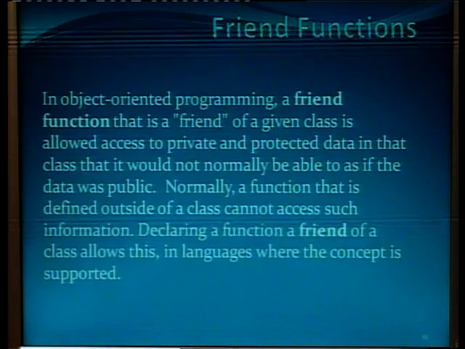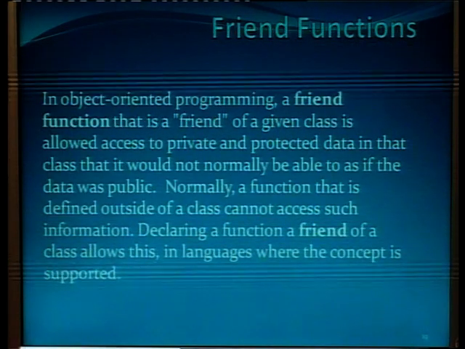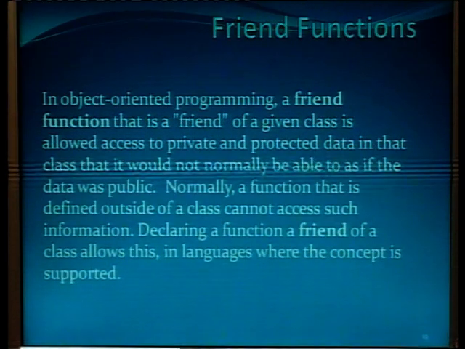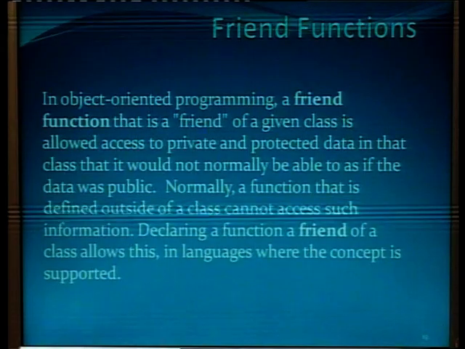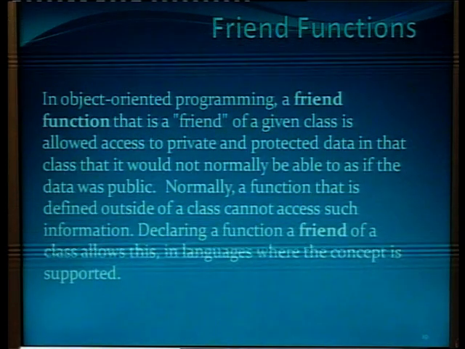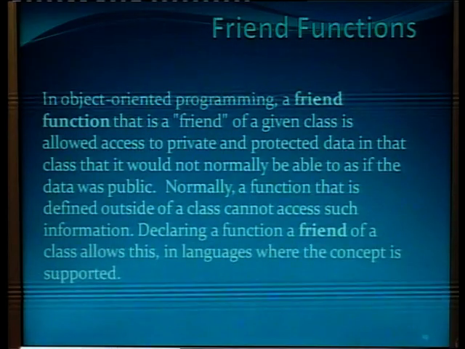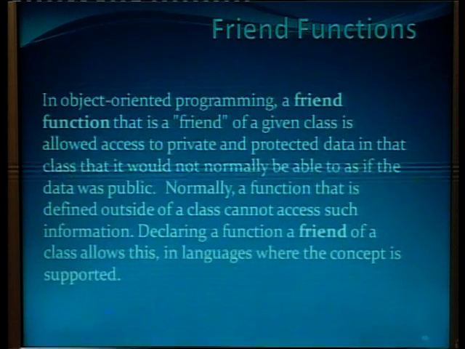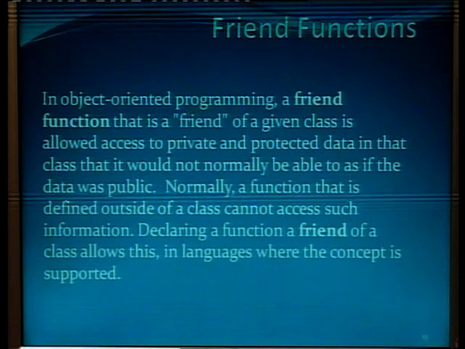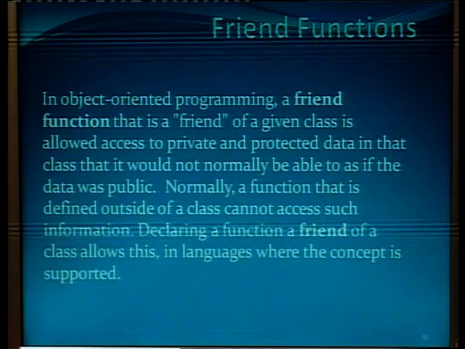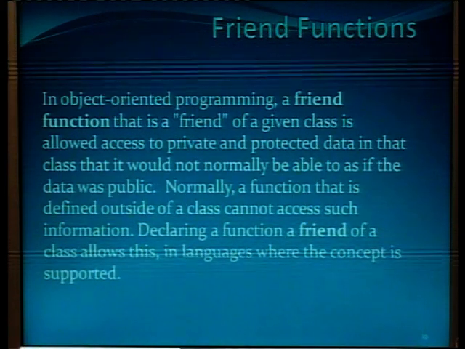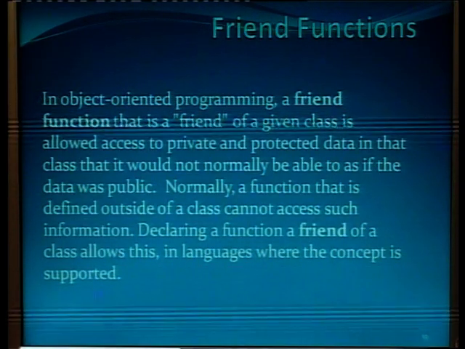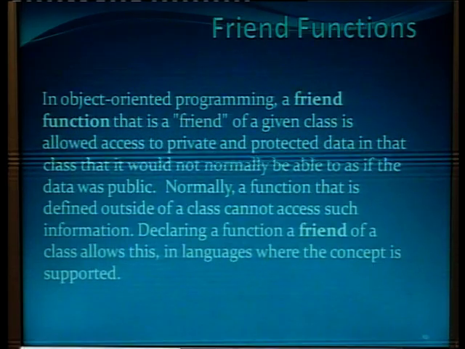Like a friend, you share private and protected information with your friend, not disclosed to others. Same as in C++, in the class that it would not normally be able to access if the data was public. Normally, a function defined outside of a class cannot access such information. So nobody can access that information.